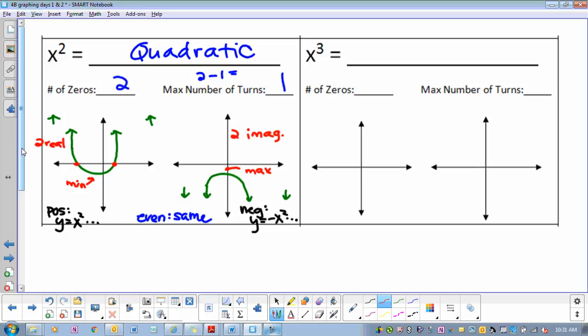All right, so x to the third. What is another name for to the third? Like if you were to read that a different way, how would you read it? Good, cube. This is a cubic function, okay? If your biggest exponent is a 3, that is a cubic function.